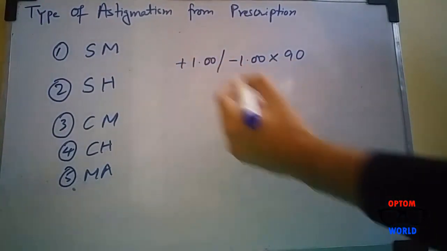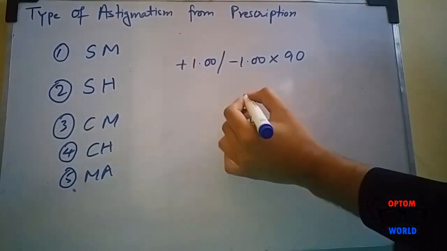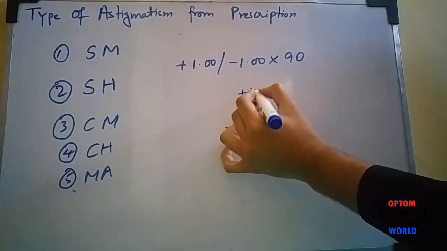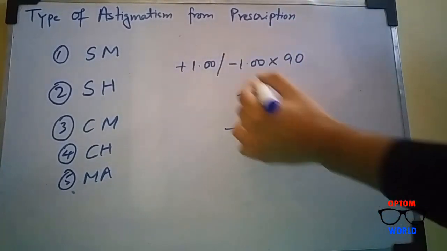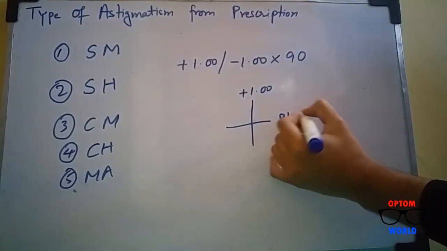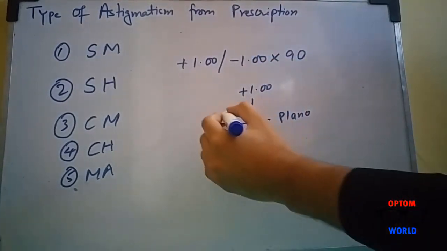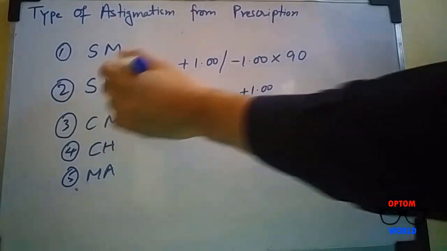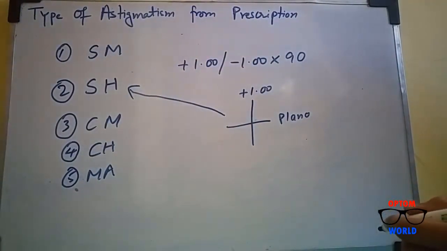If we draw the optical cross of this prescription, we will get +1 at 90, and -1 means this meridian has no power. So this is an example of simple hypermetropic astigmatism.